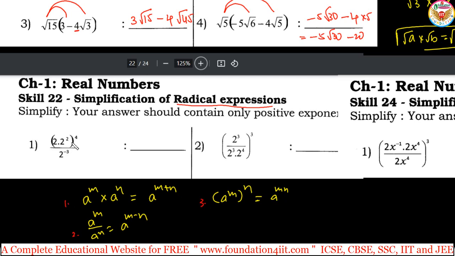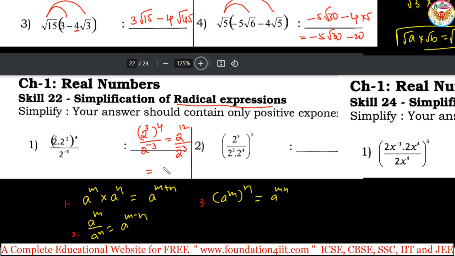2 into 2 power 2, so that is 2 to the power 3. 2 power 1 into 2 power 2, so 2 power 1 plus 2, that is 3, whole to the power 4, divided by 2 to the power minus 3. Now again the third formula: 2 power 3 whole power 4 means 3 fours are 12, divided by 2 power minus 3.